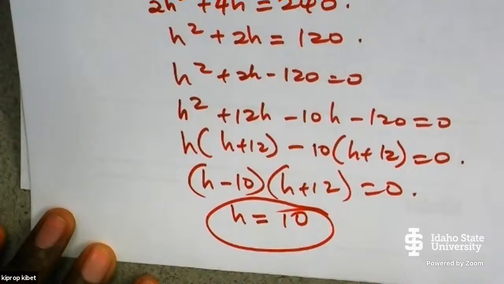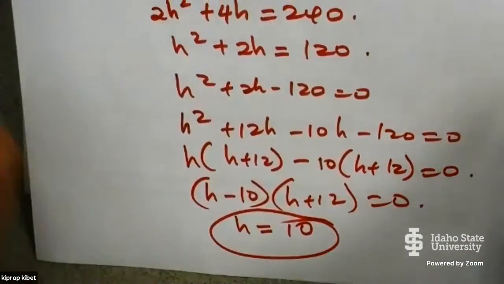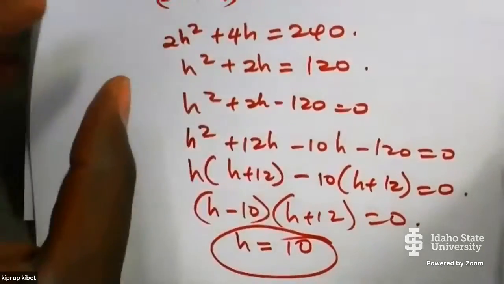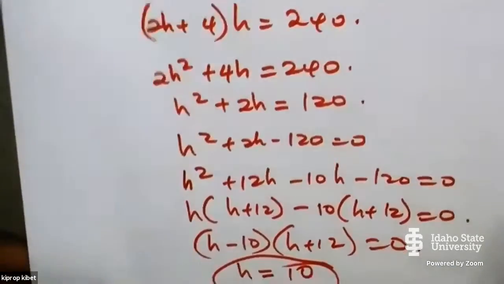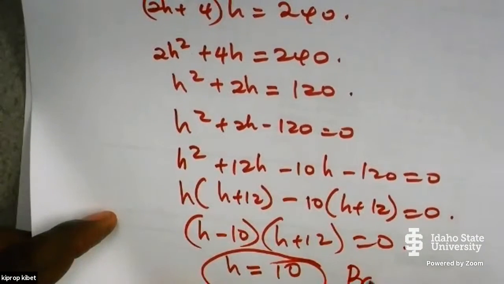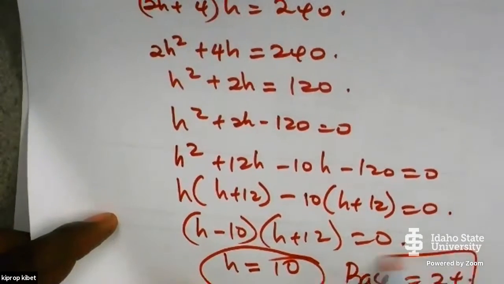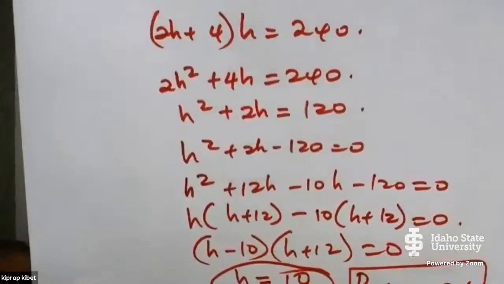Or h will be negative 12. Now you take it back. So our height is 10. Now our base will be what? Twice 10 plus 4. So our base equals 24.